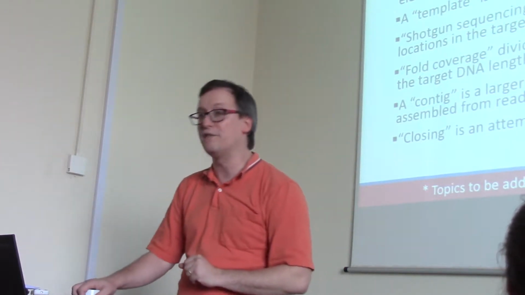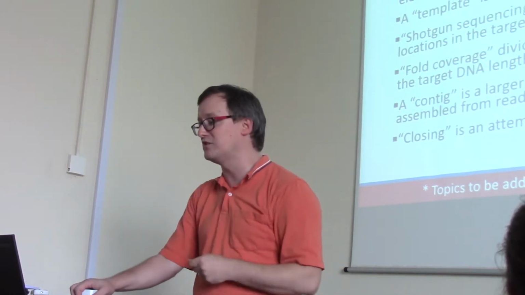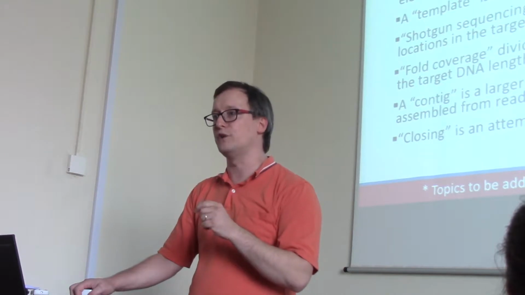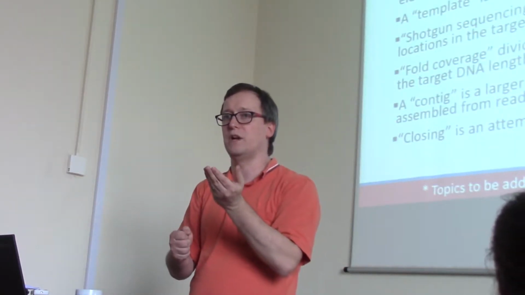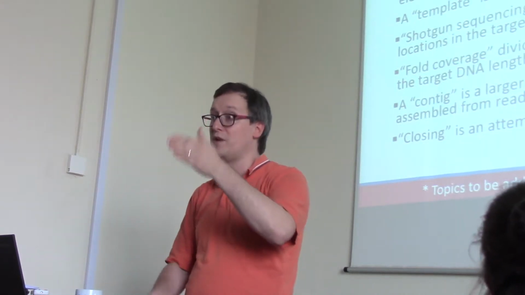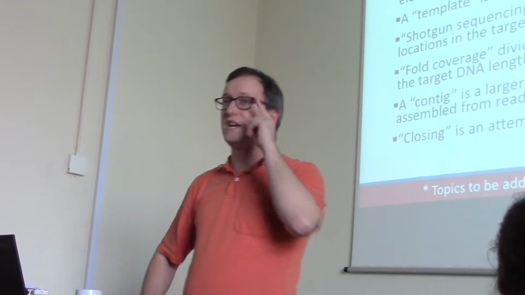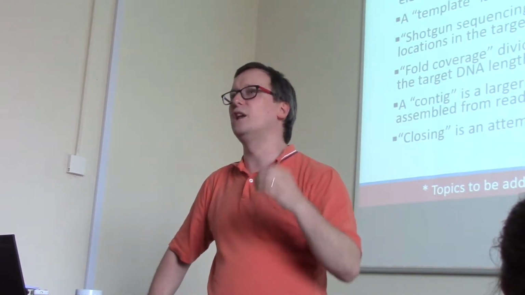Okay, fold coverage. This is a term that shows up all the time in our publications on this subject. In brief, we want to know, on average, how many bases of read have we generated compared to the number of actual nucleotides in the organism. So in the old days, we would do sequencing of non-model organisms at really low depth.